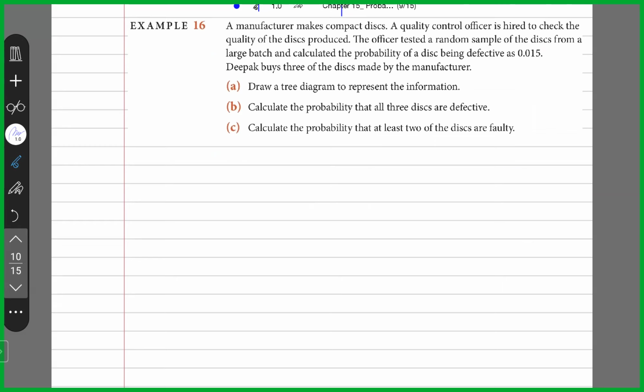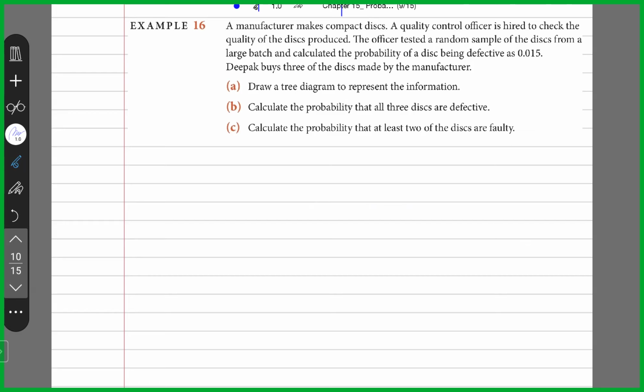The officer tests a random sample of discs from a large batch and calculates the probability of a disc being defective to be 0.015, which is 15 over 1,000. The probability of it not being defective would be 0.985, essentially.